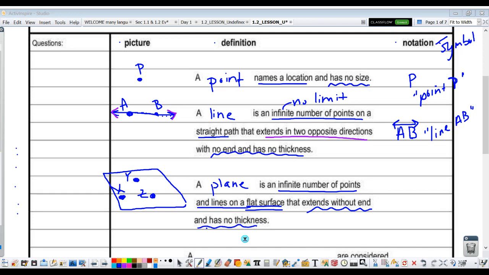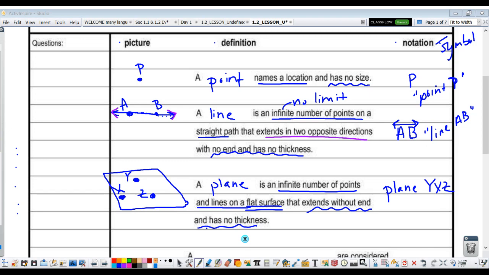For a plane, the symbol doesn't make the notation. What we do is we write the word plane, and then we list 3 of the letters in any order, and any 3 points will do. So I could say Y, X, Z.